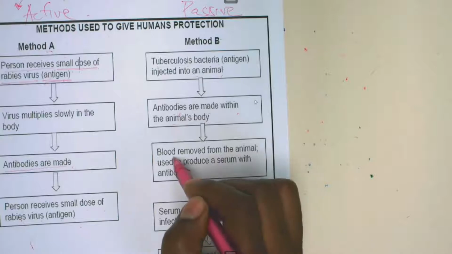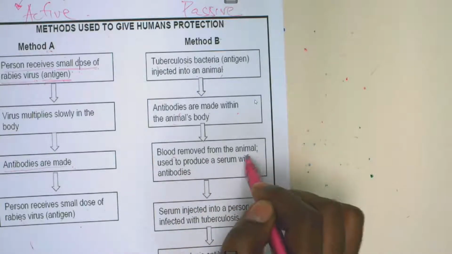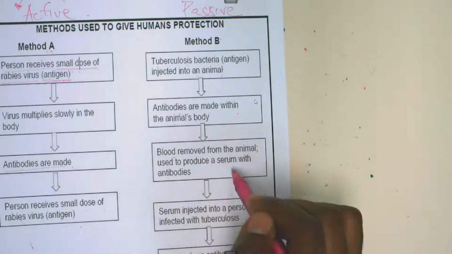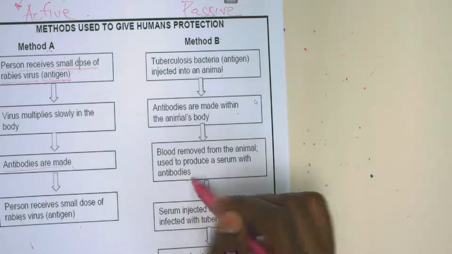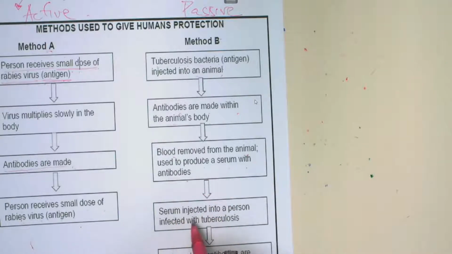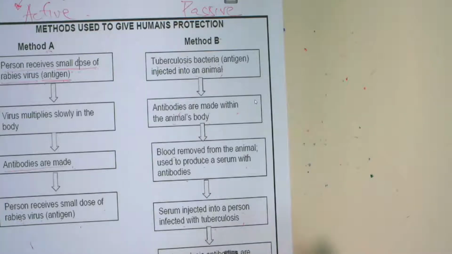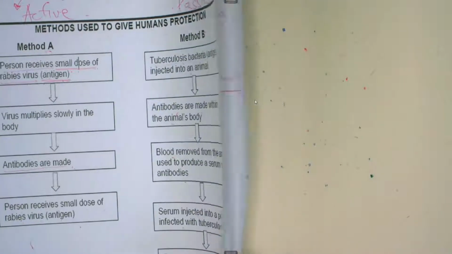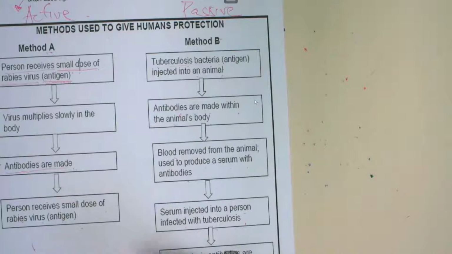The blood is removed from the animal and used to produce a serum with antibodies, and then this serum will be injected into a person infected with tuberculosis, and the tuberculosis antibodies are weakened in the person's body. So that is method B of passive immunity.